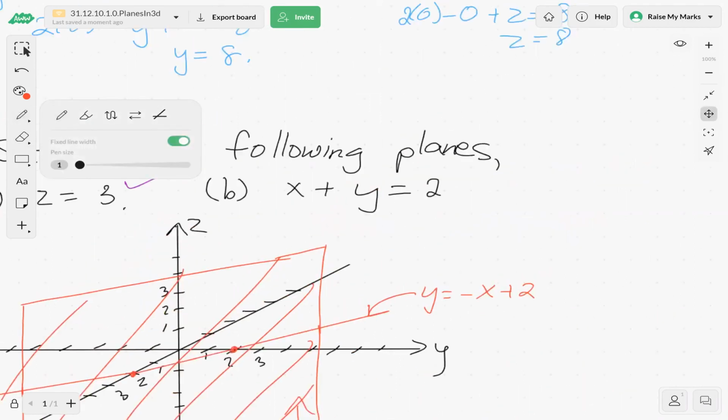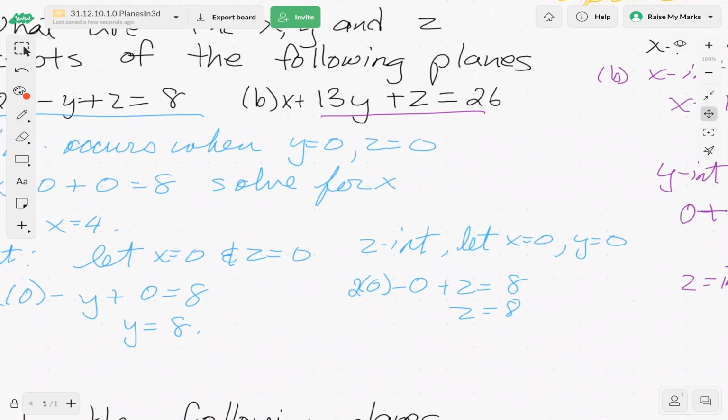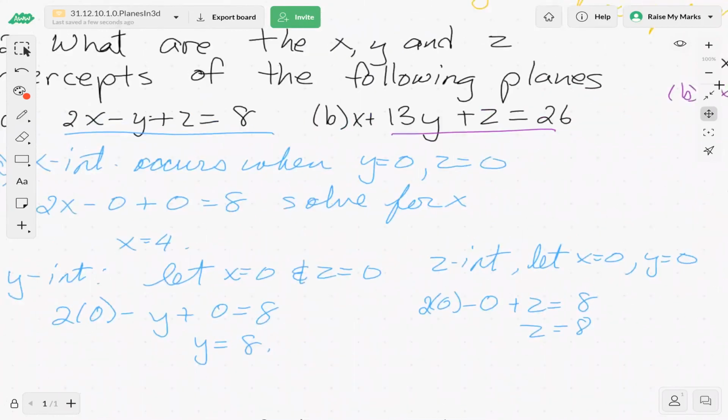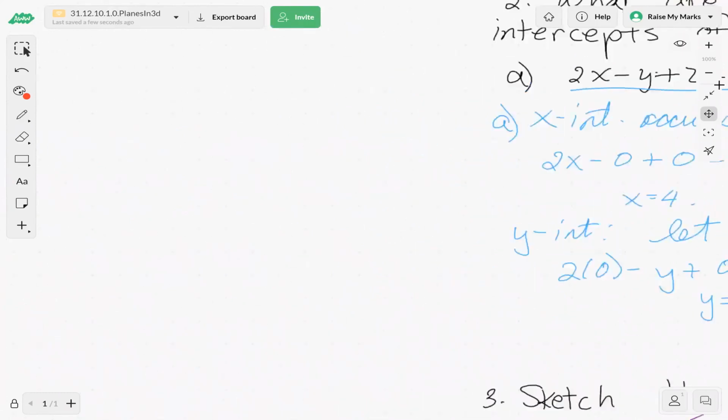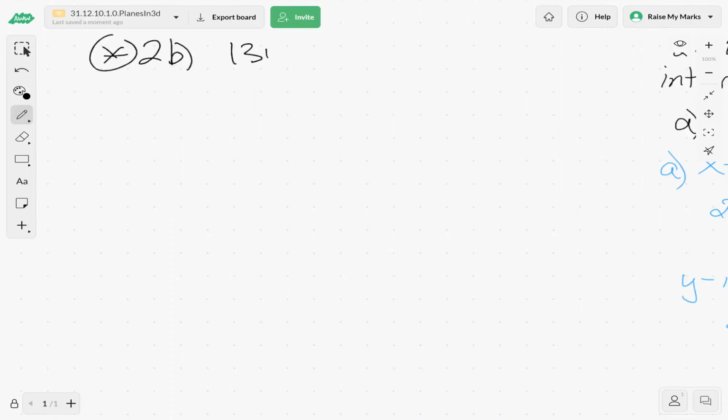Now let's go back up to the previous exercise. Originally, in part B, we were given the plane 13y plus z equals 26. I put in an x in front of it so we can figure out our intercepts. Let's call this 2b star, 13y plus z equals 26.